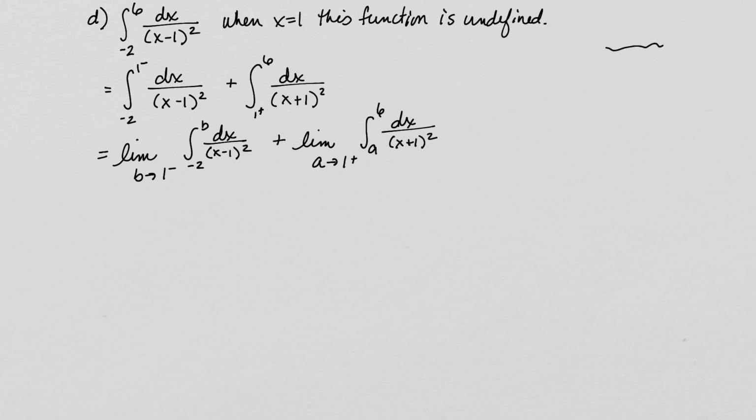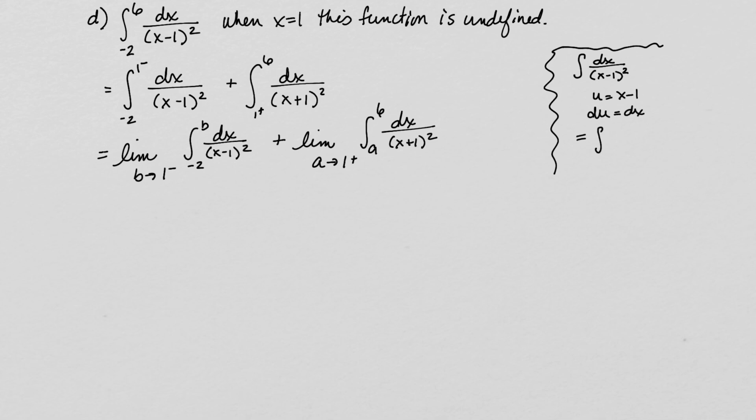Let's come over here on the side and figure out what this integral is. So I have the integral of dx over x minus 1 squared. What do I want to do to integrate that? Yeah, so we're going to do a u sub. So u is going to be x minus 1, du is going to be dx.